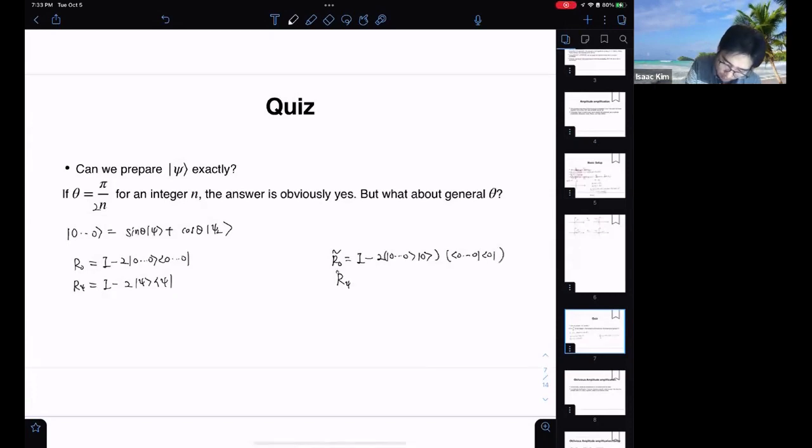And you also have a slightly modified version of R psi, which is a tensor product of the psi state and some state on a single qubit. Let's call it phi.